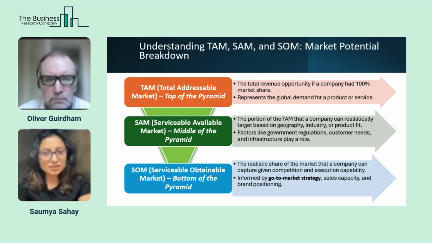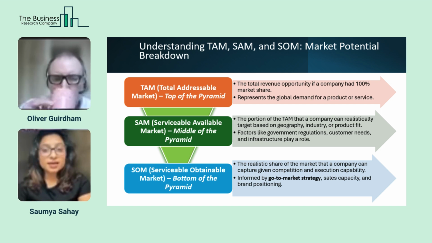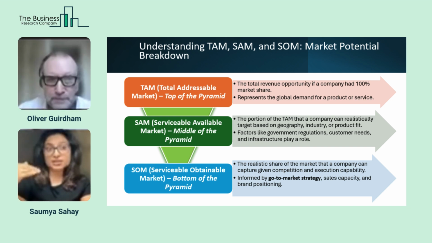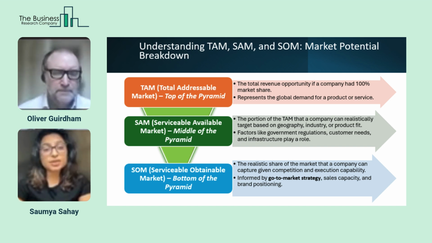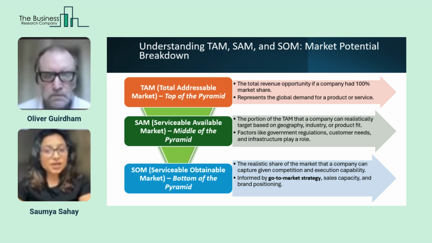And the SOM of Netflix is the market share that Netflix has actually covered with respect to its competitors, such as Disney Plus, HBO, or Amazon Prime. That would be its most realistic market sizing information.